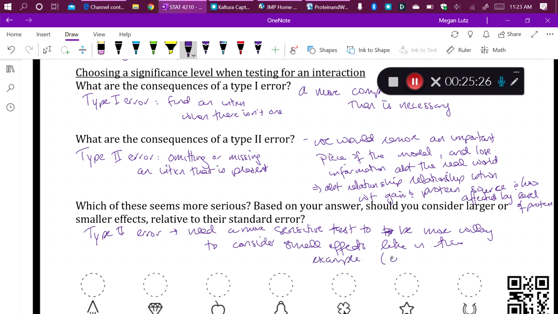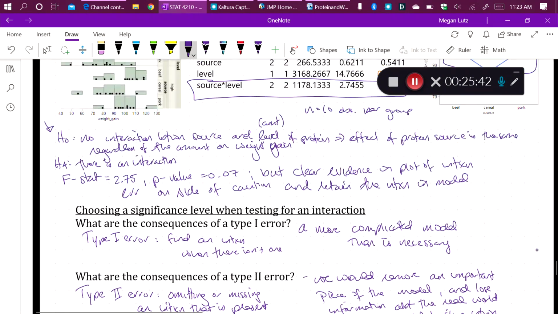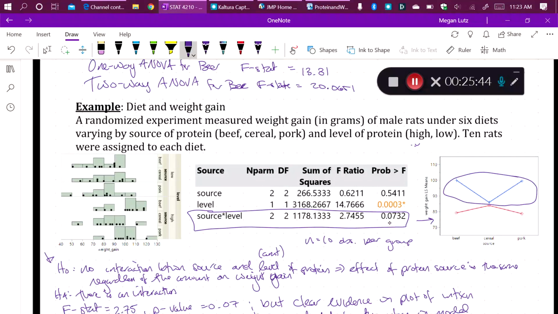That is, use a higher significance level for the interaction. So we're going to be more willing to consider smaller effects, more willing to consider higher p-values for the interaction. Because if we had just used an alpha of 0.05 here, we would miss this very important interaction term.